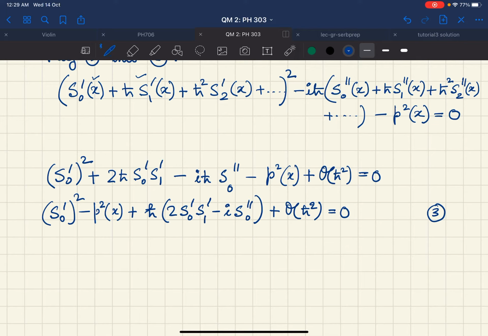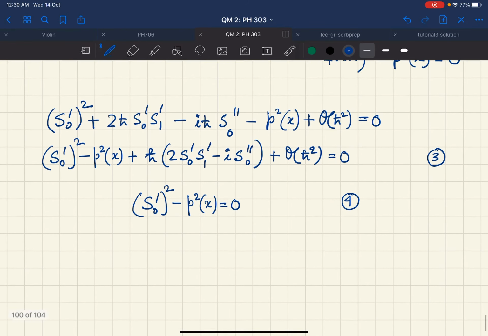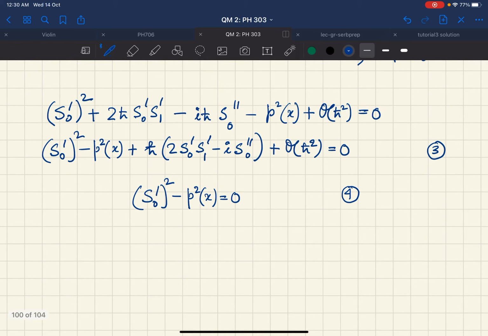If we equate the coefficients of h bar to the power 0 from both sides, we have one equation which looks like (s0 prime) whole square minus p squared of x equal to 0. Let us call this equation 4. And the second one is 2 s0 prime s1 prime minus i s0 double prime equal to 0.